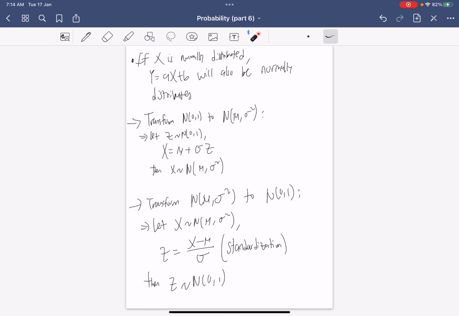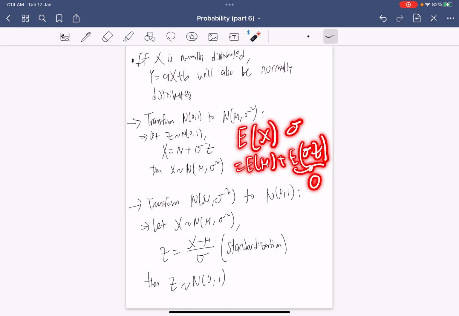To convert a standard normal to one with mu and sigma squared, we multiply by sigma and add mu. The reason is that the expectation of x equals the expectation of mu plus the expectation of sigma z. The expectation of sigma z is 0, because you pull out the sigma and the expectation of z is 0.